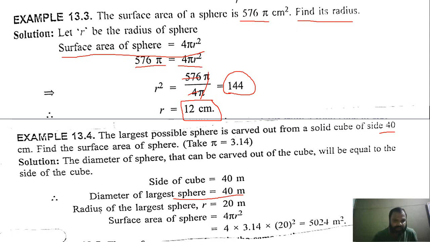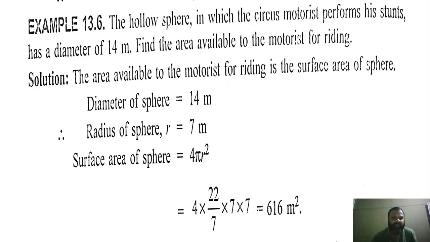So the radius of the sphere is 20 centimeter, and we put it in the formula of surface area of a sphere, which is 4 pi r square, with pi as 3.14 and r as 20 squared, and after multiplying you get this. Okay, next example.